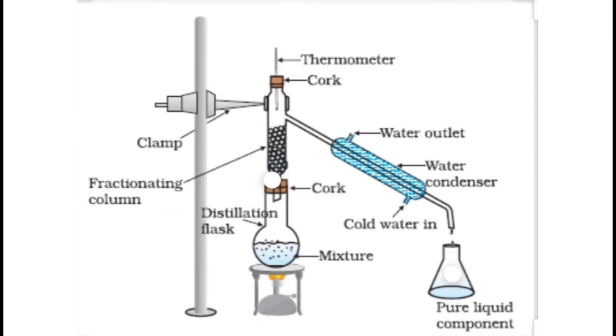Fractional distillation separates a mixture of two or more miscible liquids for which the difference in boiling point is less than 25 K. The fractional distillation process is used, for example, for the separation of different gases from air and different fractions from petroleum products, etc. The apparatus is similar to that for simple distillation, except that a fractionating column is fitted between the distillation flask and condenser.